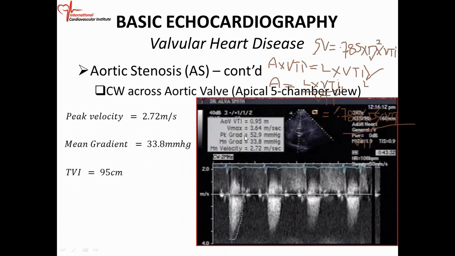So it's going to give you the maximum velocity, of course, and using the modified Bernoulli equation for V squared, that's your peak gradient, and it also gives you a mean gradient. Very important information.